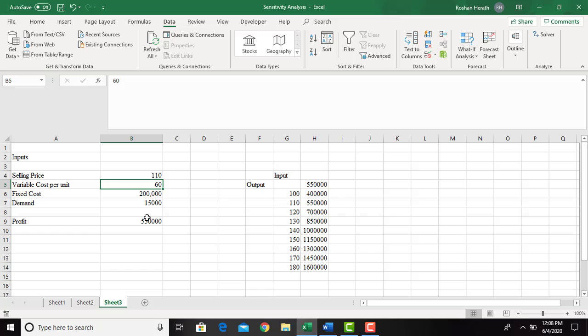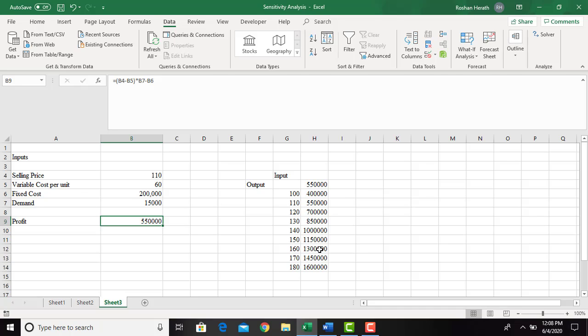Yes, it works, right? So when you develop your model making the references, it will reflect in your output. This is the most crucial thing. So if it is 120, it's 700,000. Likewise, when there is a change in your input, you can see the corresponding change it has on the output.